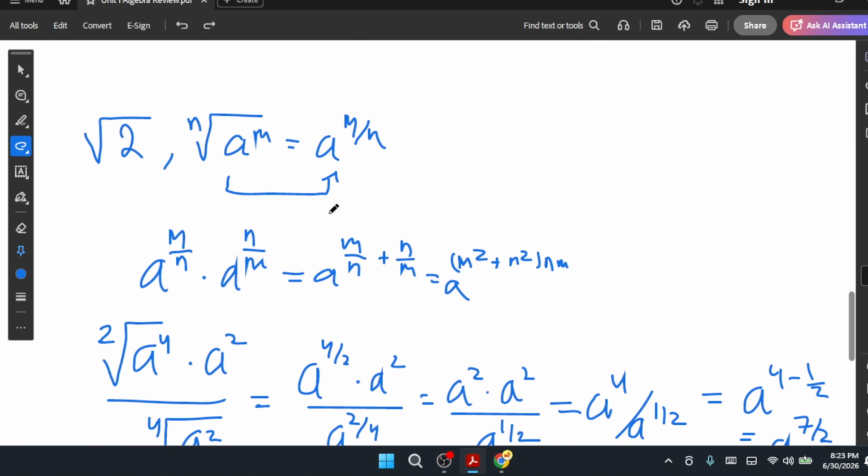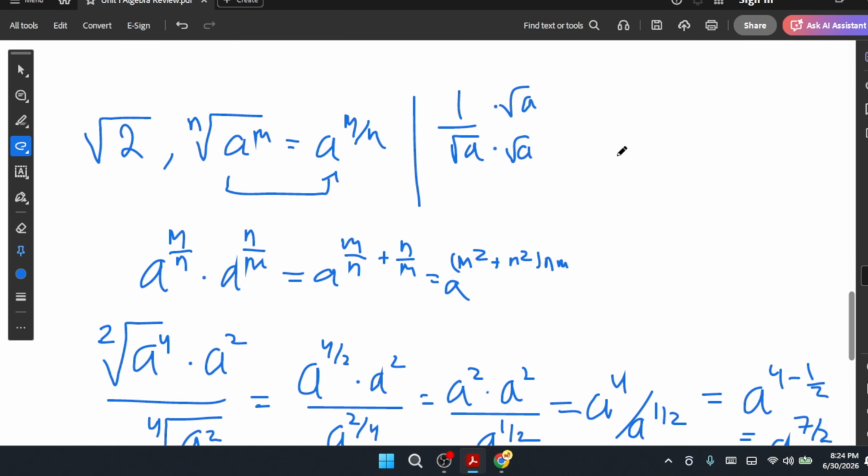Now what if we have a radical in the denominator, like 1 over the square root of a? Well, in math we don't like radicals in the denominator, so we must multiply the numerator and denominator by itself, the square root of a. Why?